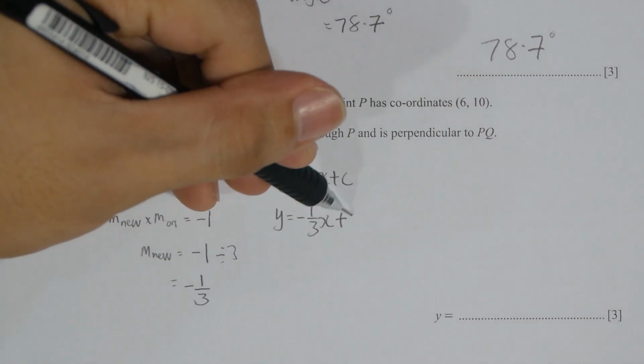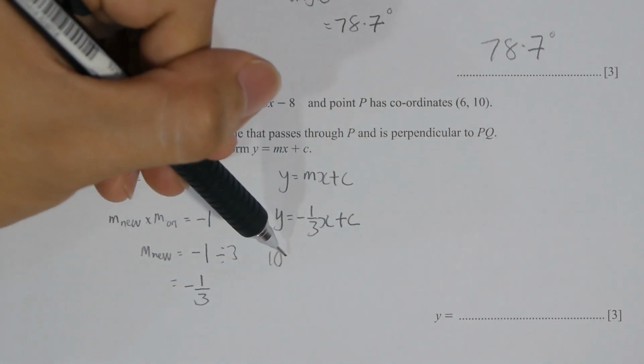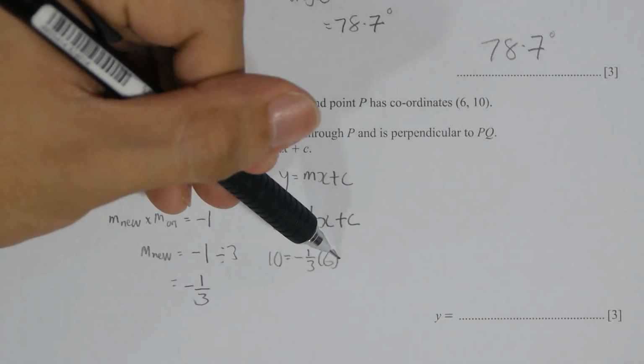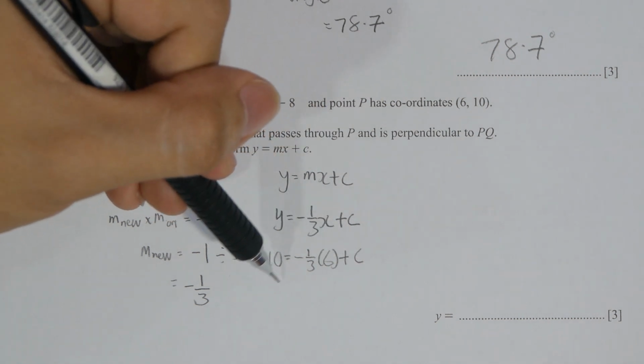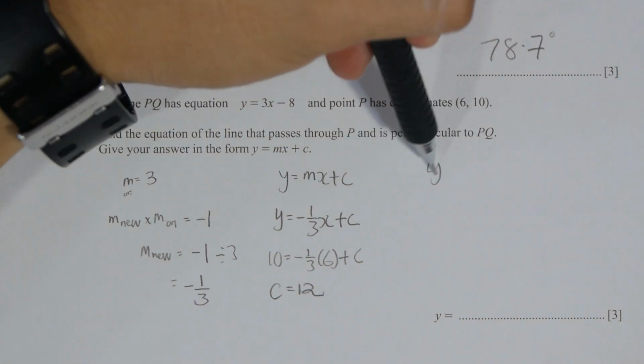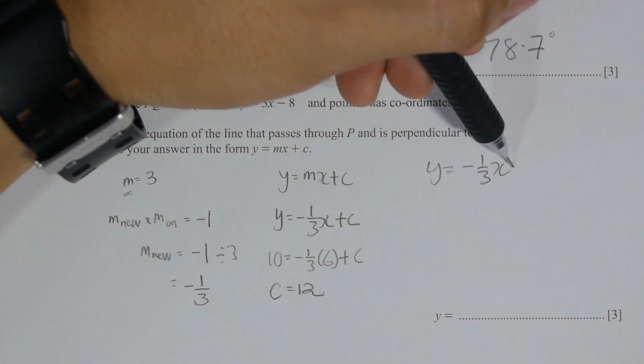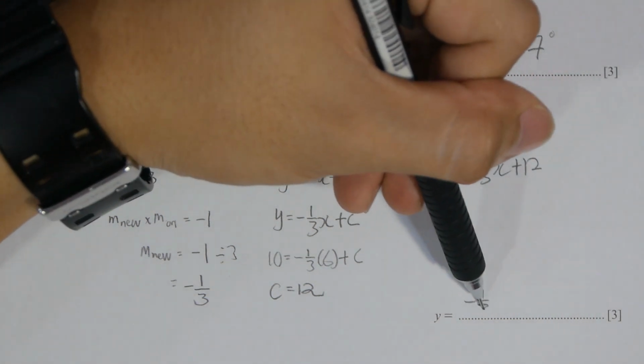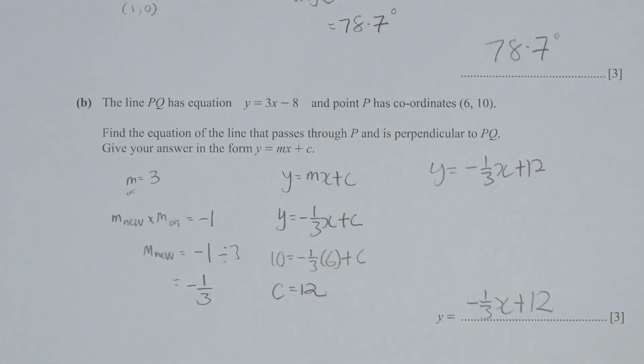So y equals -1/3x plus c. For you to identify c, simply substitute the coordinate given, 6, 10, into it. Then you will get c as 12. So the equation will be y equals -1/3x plus 12 as the final answer.